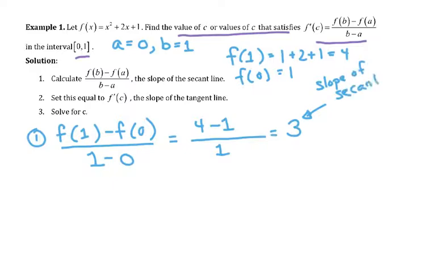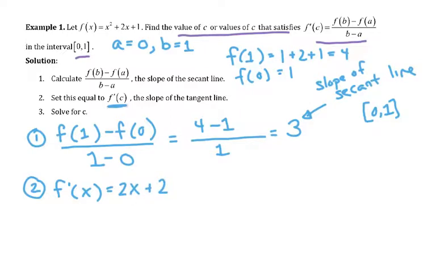At some point in this interval, which is not very big, there's a place where the slope of the tangent line will also equal 3, and that's what we're trying to find. So we need to find the derivative. That would be 2x plus 2. So what is f prime at c? Well, we simply put c in for x.